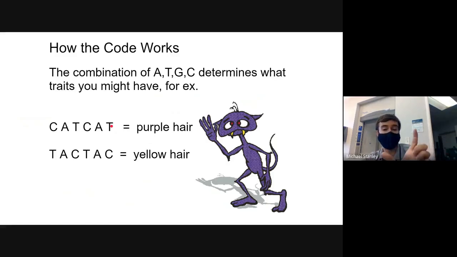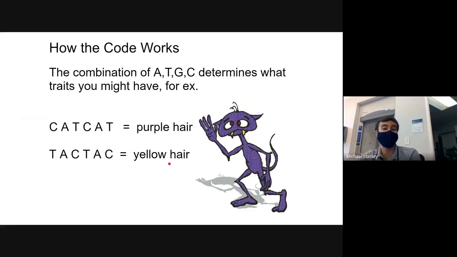This code will tell all the proteins that go into building your hair color to make purple hair. So if you have CATCAT in your hair color gene, you get purple hair. But if that's switched around a little bit and you get TACTAC, then you have yellow hair.